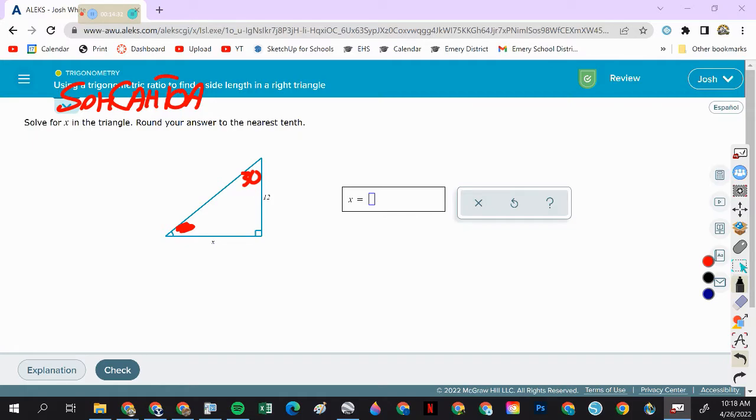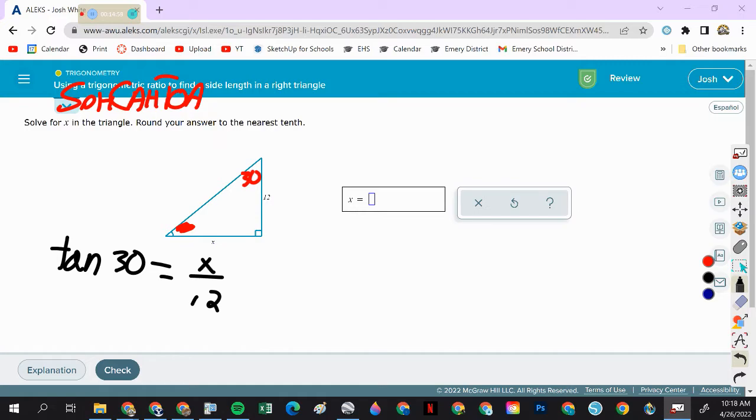X would be which side length? Opposite. And 12, which would be which side length? Adjacent. Which trig ratio uses opposite and adjacent? Tangent. So the tangent of 30 is x over 12.